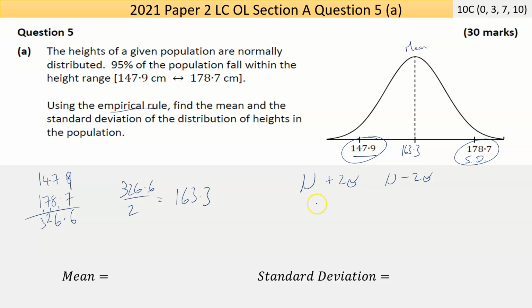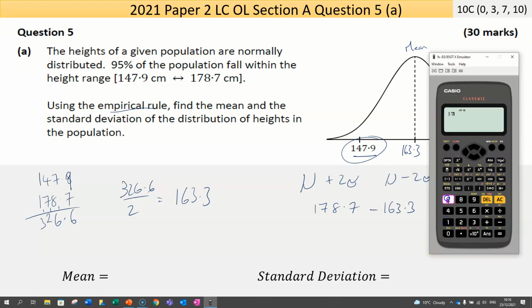So I take the 178.7 and take away the 163.3. That gives me an answer of 15.4.